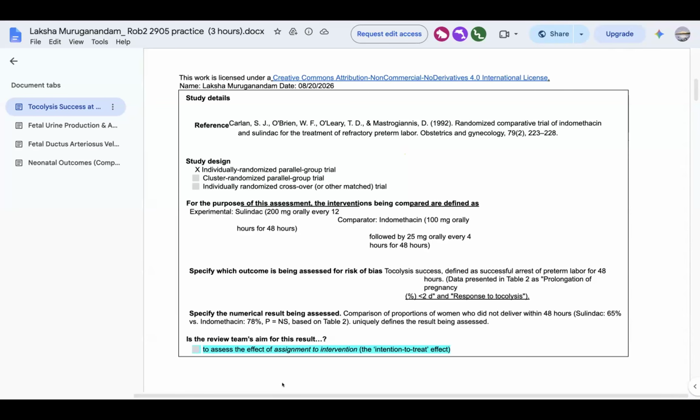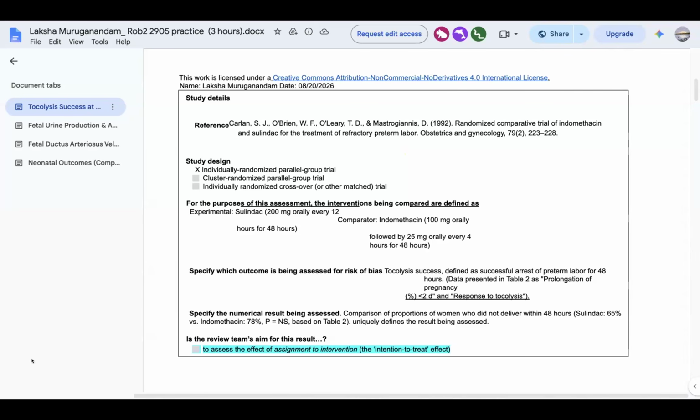But my opinion is that the way Laksha did it is, albeit not very complete or as detailed as it could have been, enough to meet the minimum for a successful ROB2 for this record. Do we agree? Yes.